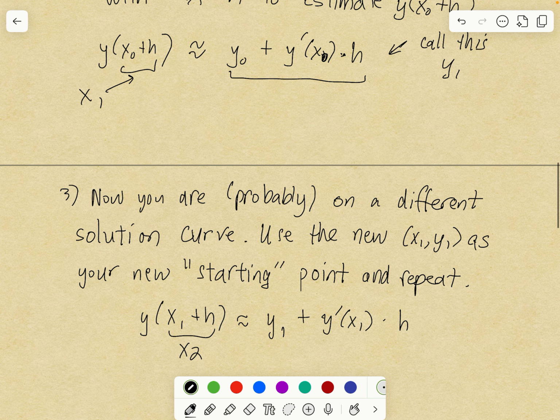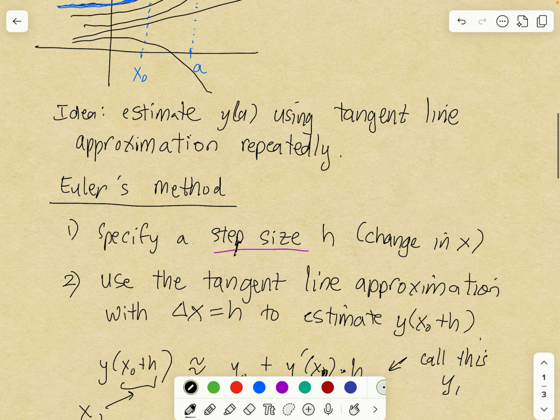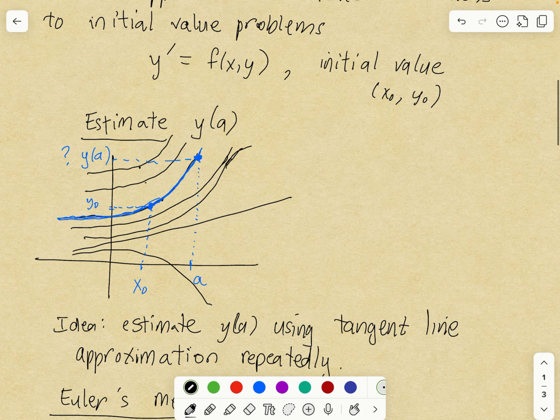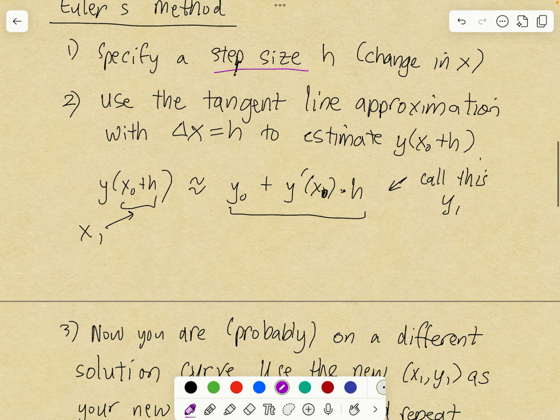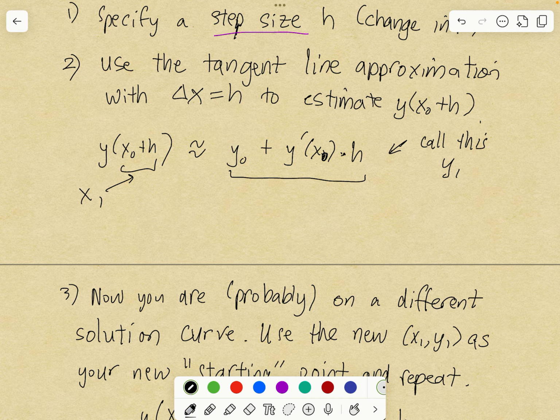But if you think about what y prime is, we know y prime is f of x, y, because you have this differential equation. So actually, when you go back here, you could have written this y0 plus y prime of x0 times h as y0 plus f of x0, y0 times h.